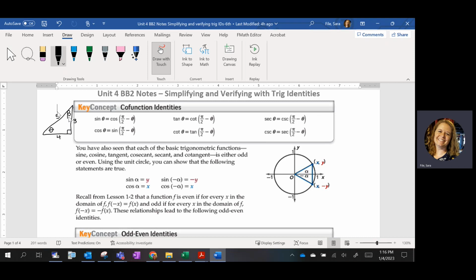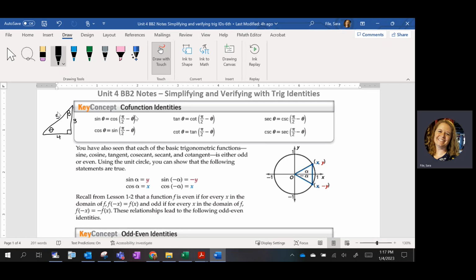So they're complementary, aren't they? So these 2 acute angles are complementary. So from theta, 3 over 5 is sine. But from beta, 3 over 5 is what? Cosine, because from beta, that's the adjacent side.